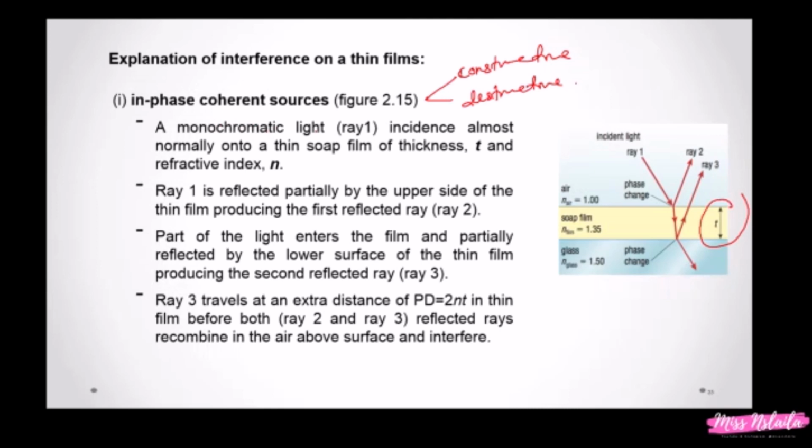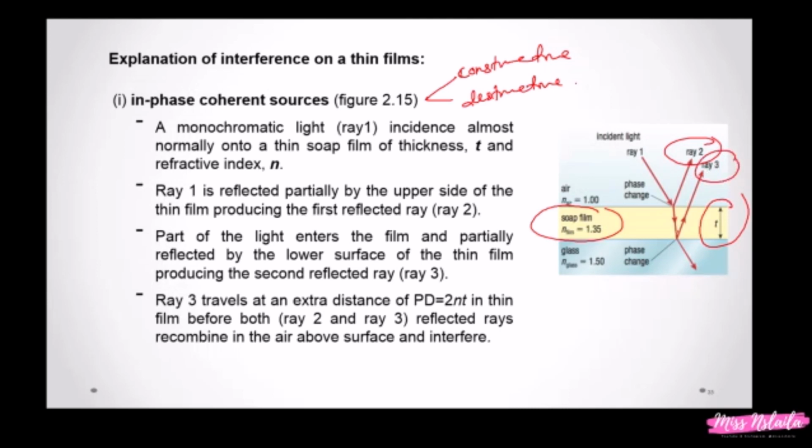A monochromatic light, ray 1, is incident almost normally onto a thin soap film of thickness T and refractive index n. The refractive index here refers to the thin film. Ray 1 is reflected partially by the upper side of the thin film to produce the first reflected ray, which is ray 2. Part of the light enters the film, which is this refracted ray, and is partially reflected by the lower surface of the thin film to produce the second reflected ray, which we call ray 3.